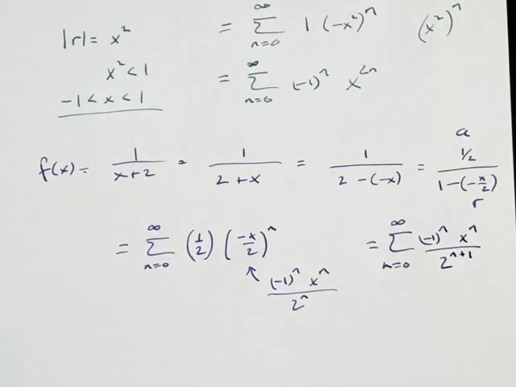And by combining all the 2's, I get a 2 to the n plus first power in the bottom. Why would I do this as opposed to the other version? Because now I clearly see the power of x, and I see the coefficient that goes with it, Cn x to the n. That's my power series, isn't it?